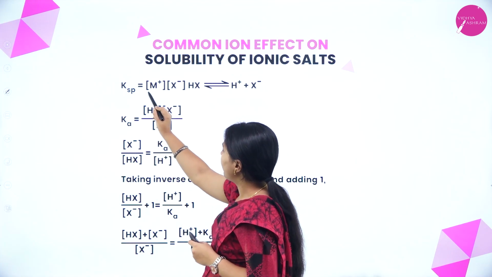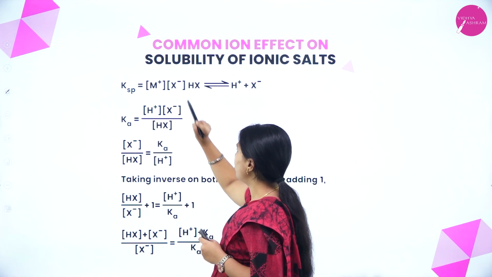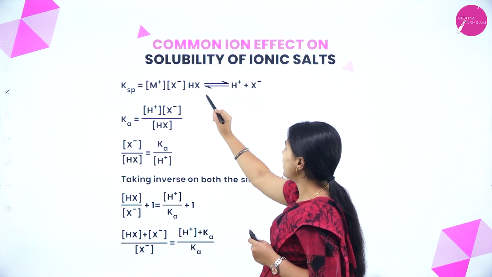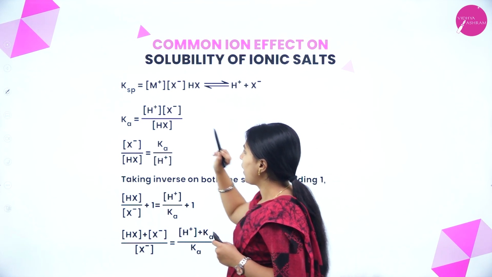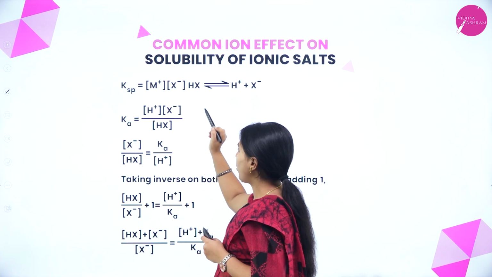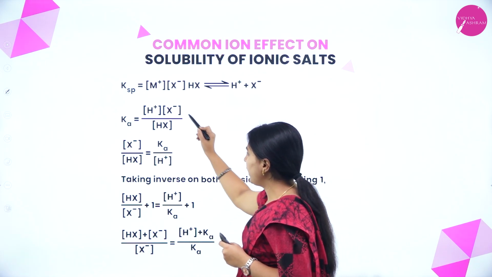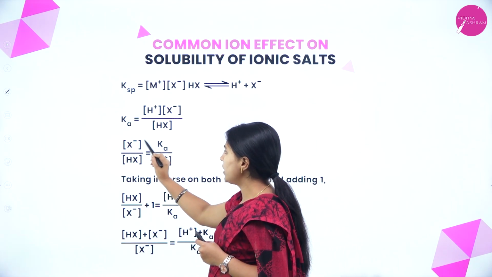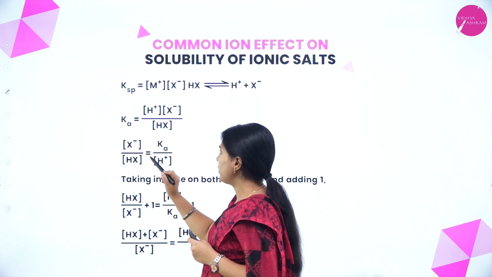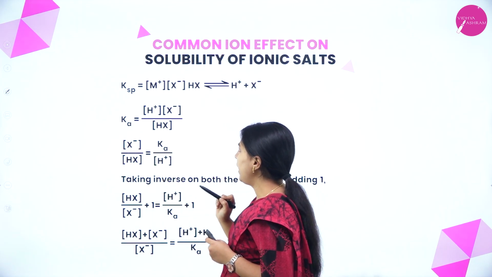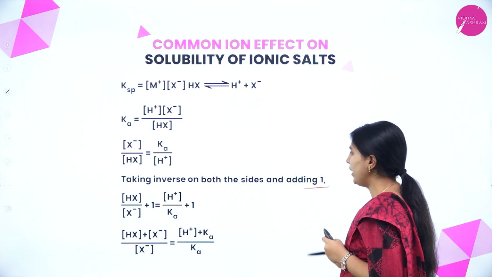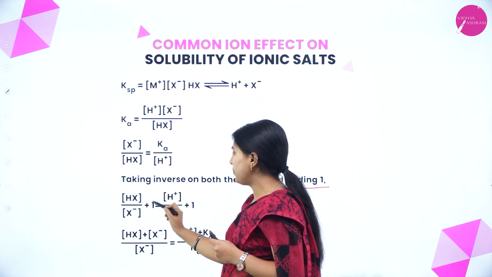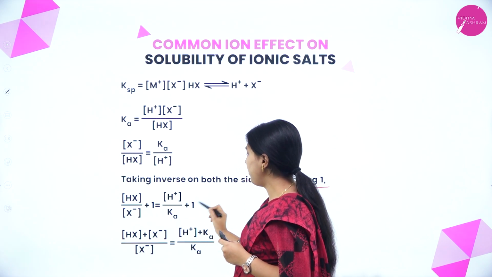Here Ksp is equivalent to the concentration of M plus into X minus, where HX will give H plus and X minus. You know K equals concentration of products by reactants, so taking on the left-hand side the concentration of X minus by HX equal to Ka by H plus, taking the inverse on both sides and adding 1, HX by X minus plus 1 equals H plus by Ka plus 1.